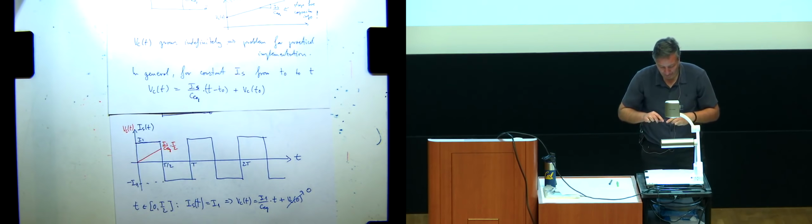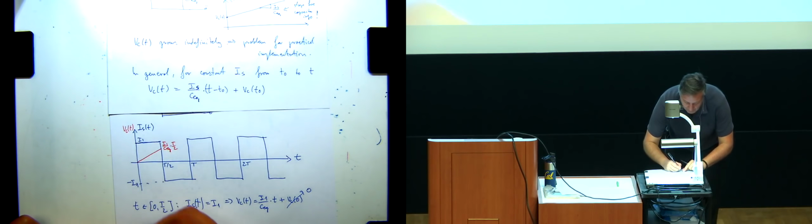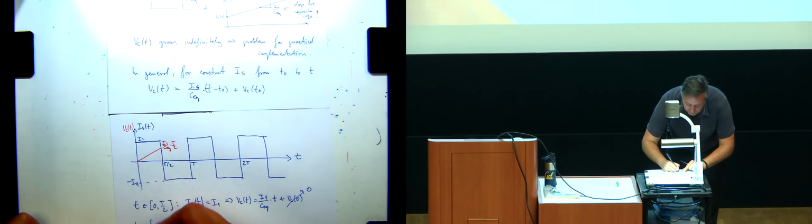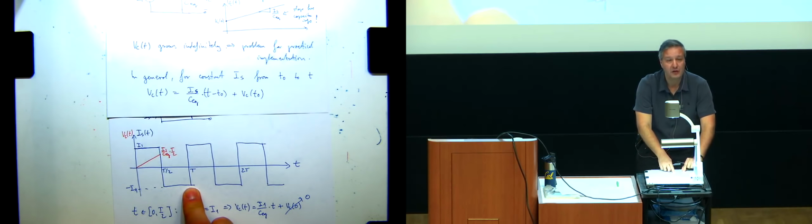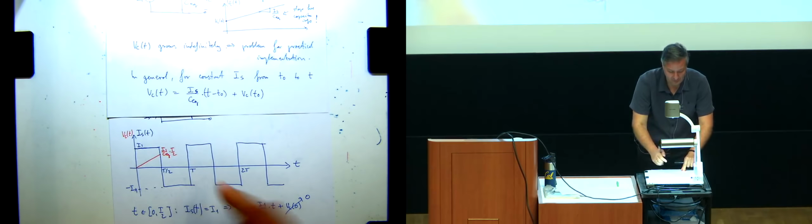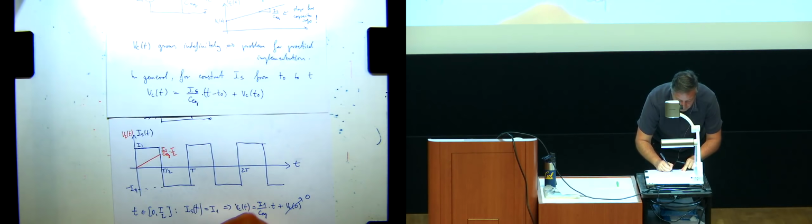Okay? Then what happens? When t is between T over 2 and T, I now change the sign of the current. So the current, Is of t, is now equal to minus I1.